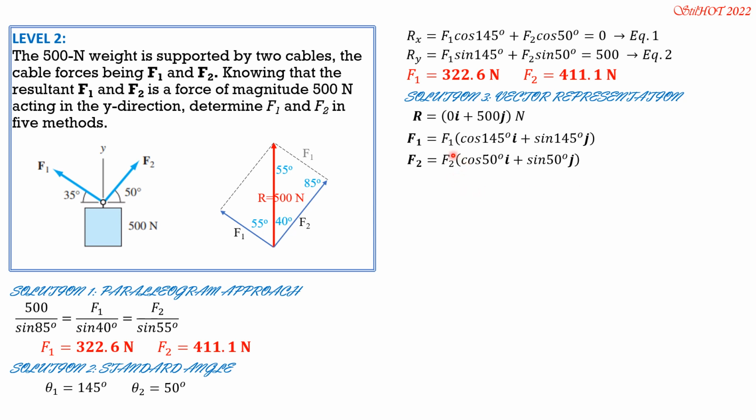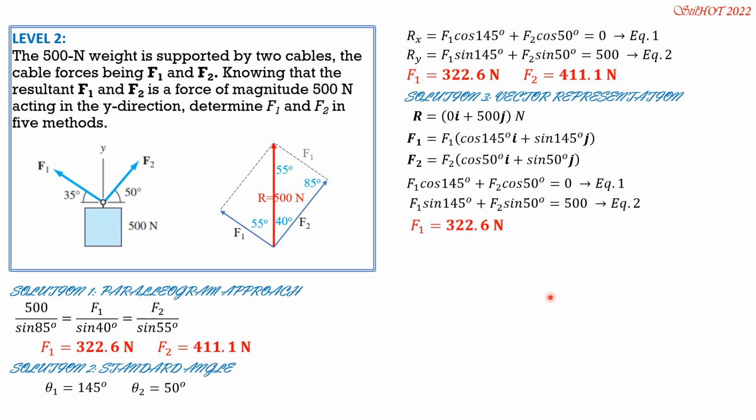Adding the x components, F1 cosine 145 plus F2 cosine 50 equals 0 because Rx is 0. F1 sine 145 plus F2 sine 50 degrees equals 500 because Ry is 500, equal to R. These equations are similar to those before, so the answer will be the same.